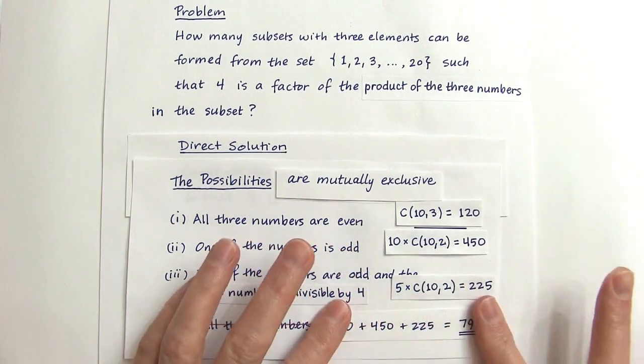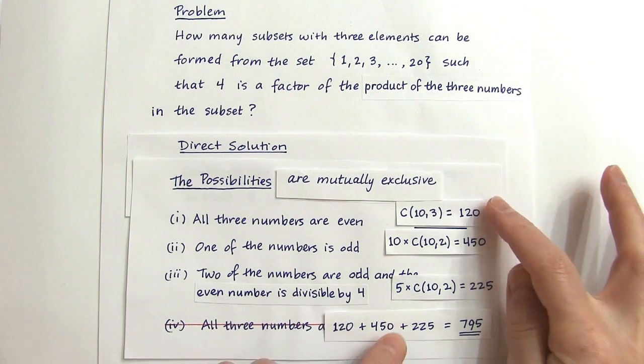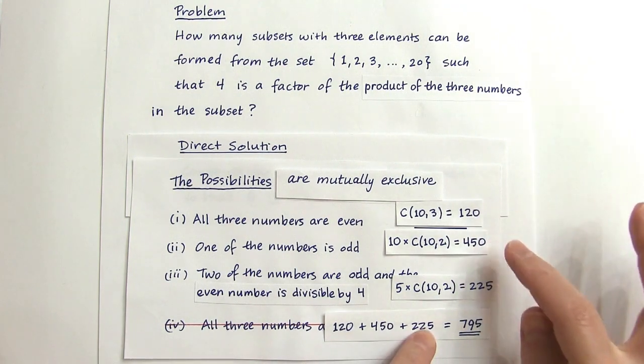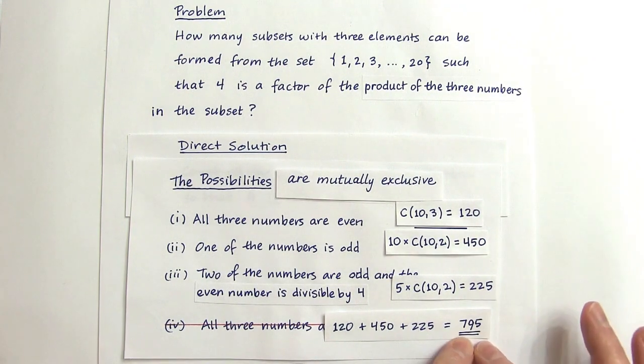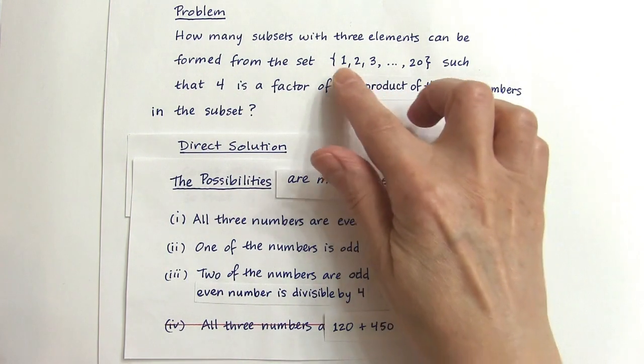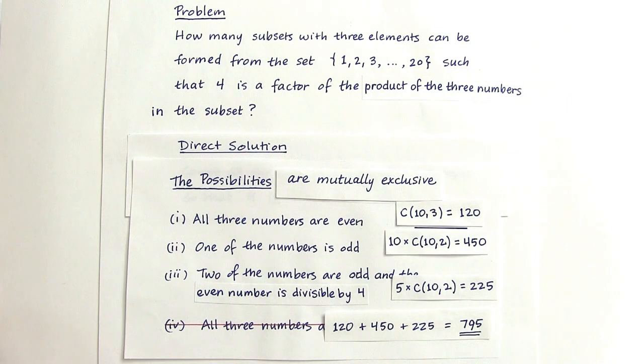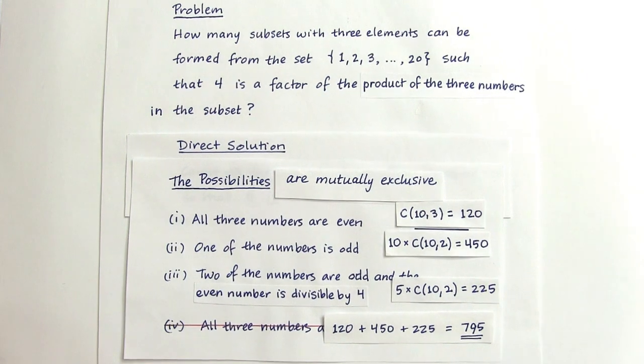And the answer is 120 plus 450 plus 225, which gives me 795 possible ways to choose 3 numbers from this set so that the product is divisible by 4. Next, I'm going to solve this same problem using the indirect method, and I'm going to get the same answer, 795.